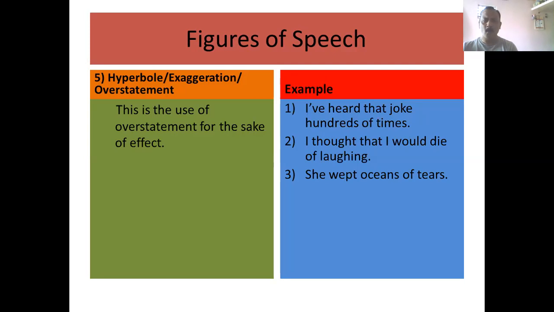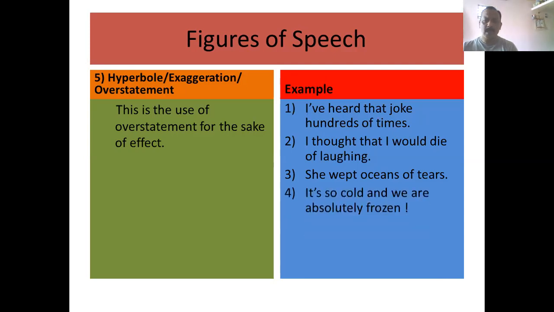Means so profusely she wept that such a large quantity of tears fell there, and the poet is indicating this with the help of that. It is called hyperbole, exaggeration, or overstatement.